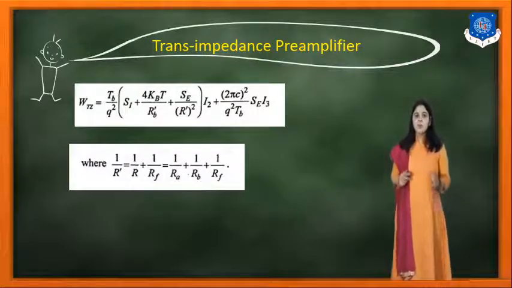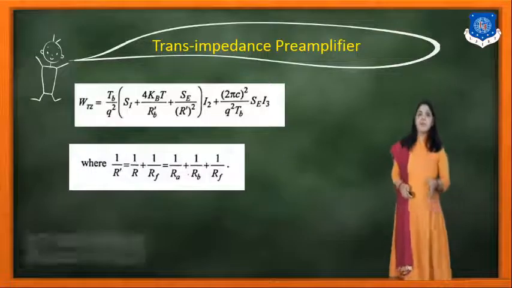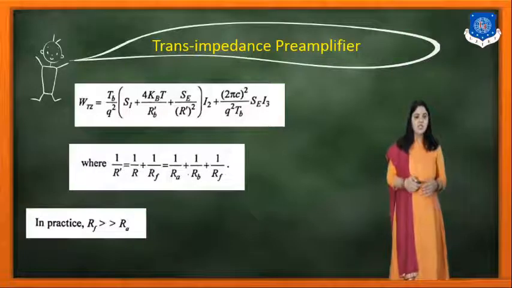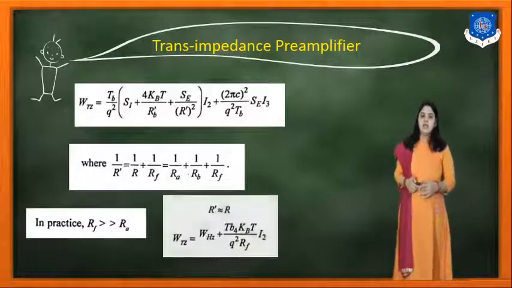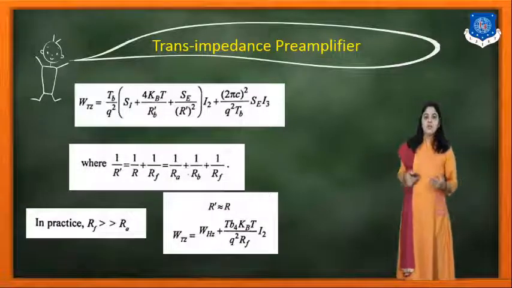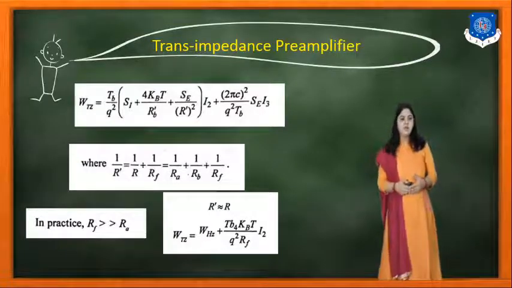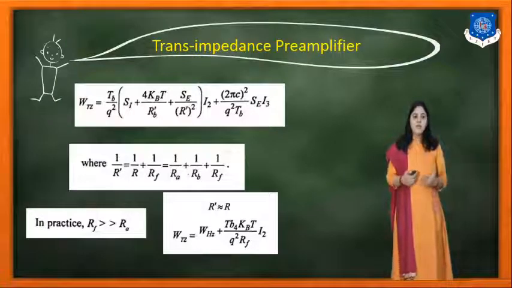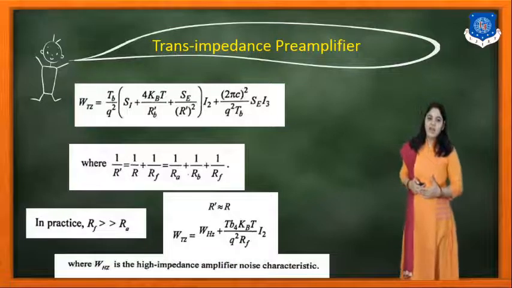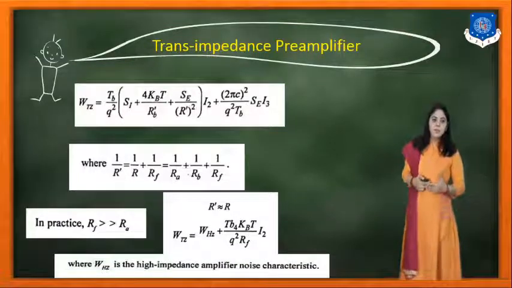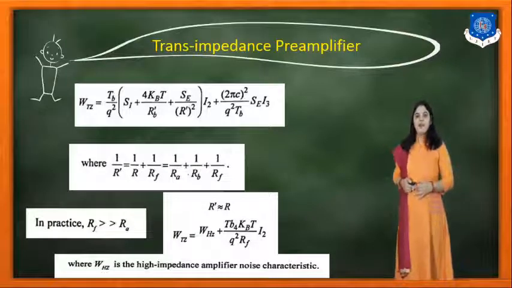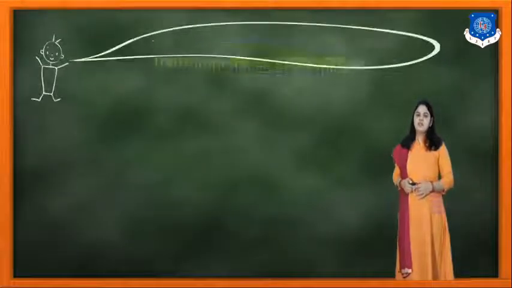This is equal to 1 upon Ra plus 1 upon Rb plus 1 upon Rf. So in practice the Rf is much greater than Ra. So WTZ is equal to WTH plus TB 4 kB T I2 upon Q square Rf, where WTH is the high impedance amplifier noise characteristics.